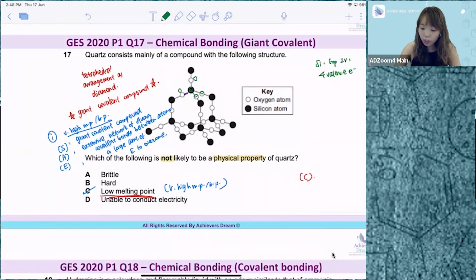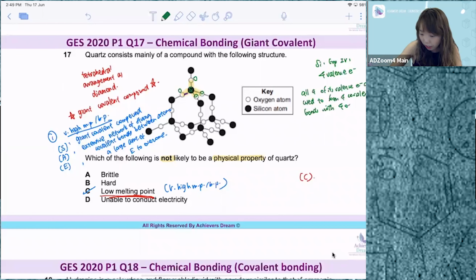If you look at how many covalent bonds each silicon atom forms, it forms 1, 2, 3, 4. Which means that all 4 of its valence electrons are used to form 4 covalent bonds with 4 other oxygen atoms.